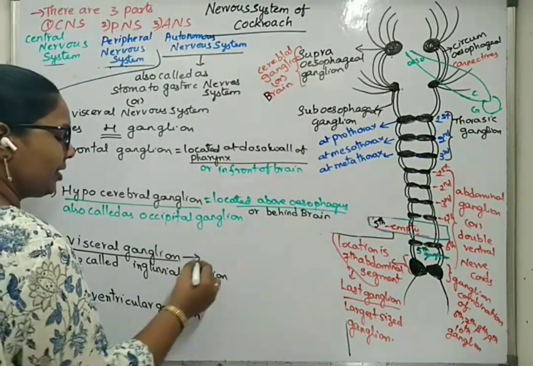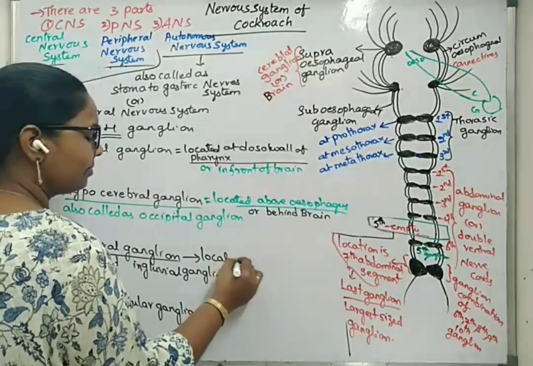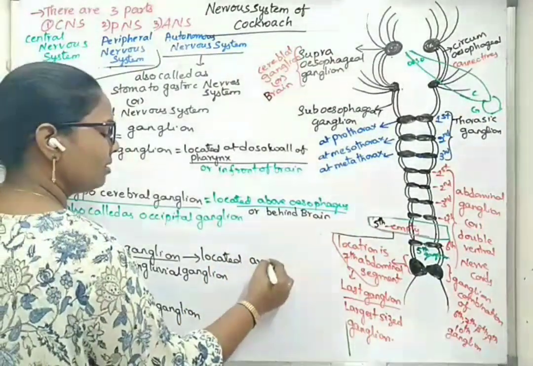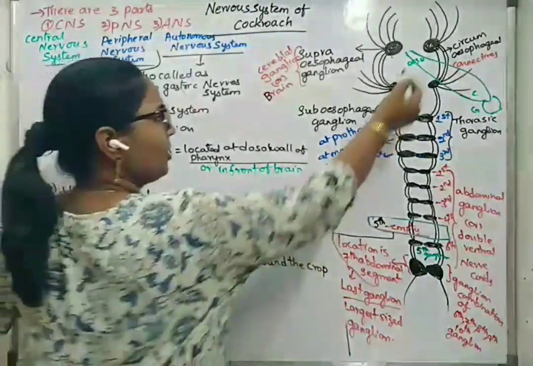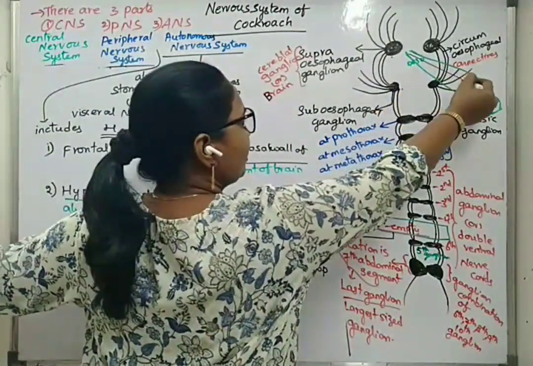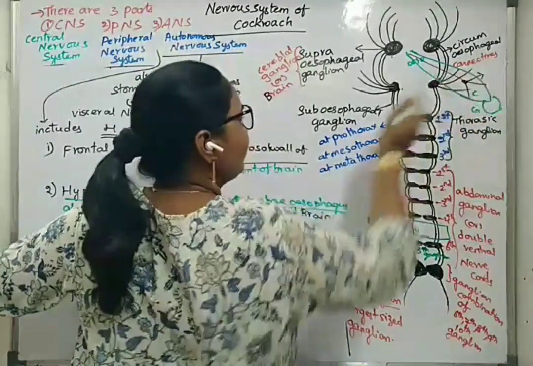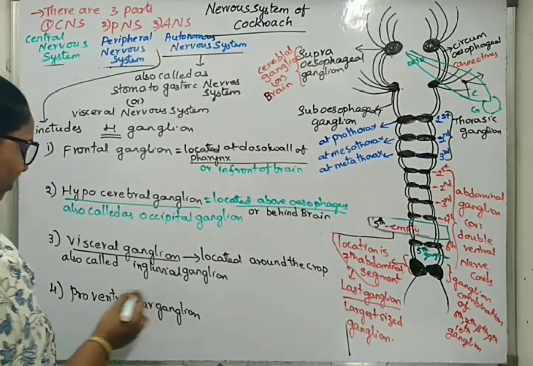What is its location? It is located around the crop. So here will be its location like this. So this will be the ingluvial ganglion.